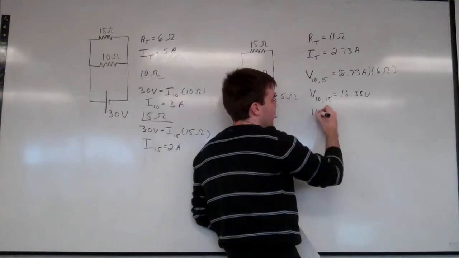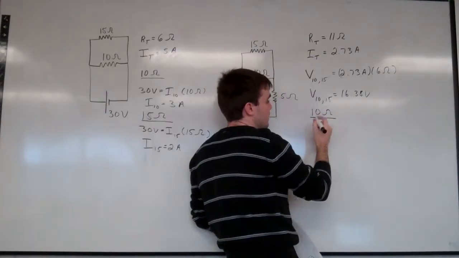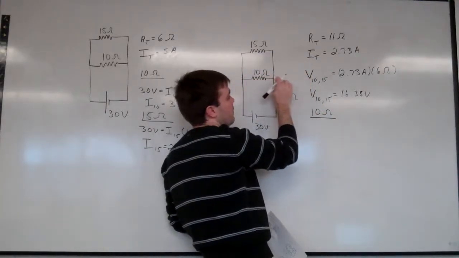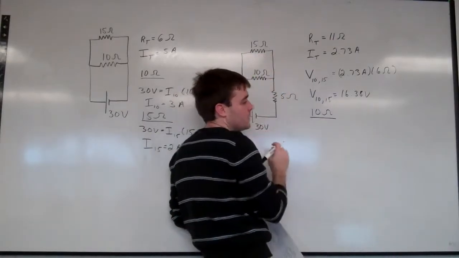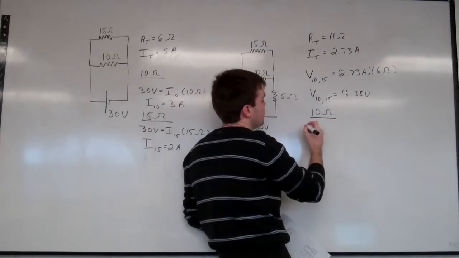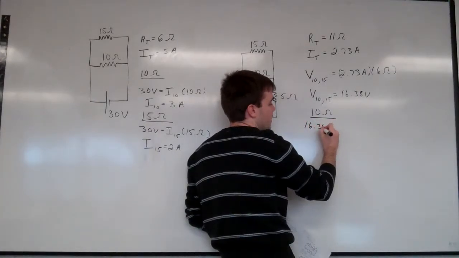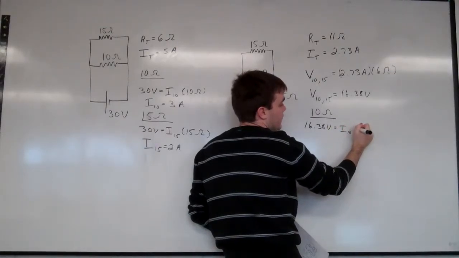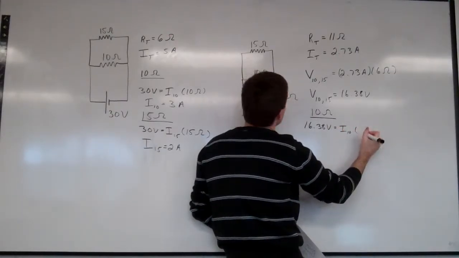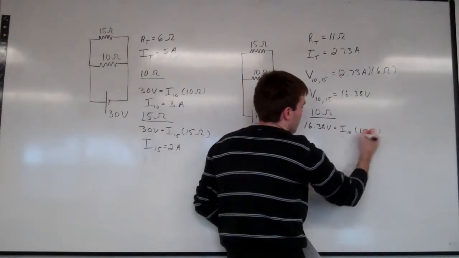Okay, now we're going to find the current through 10. Since it's 16.38 volts across the whole thing, 16.38 volts in that one, 16.38 volts in that one. So it's going to be 16.38 volts equals current of 10 times 10 ohms.